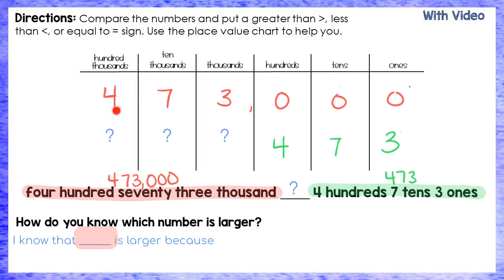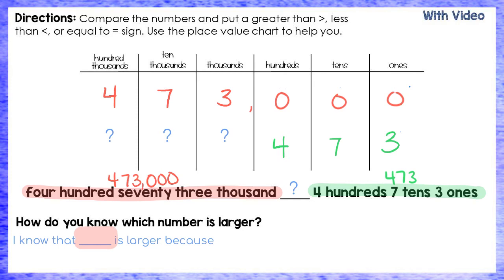But how do we know that 473,000 is larger? Well, let's compare the 4s. 400,000 is way different than 400. Man, if I had $400,000, I could buy a house, a nice house. But if I had $400, I could buy a nice bike.